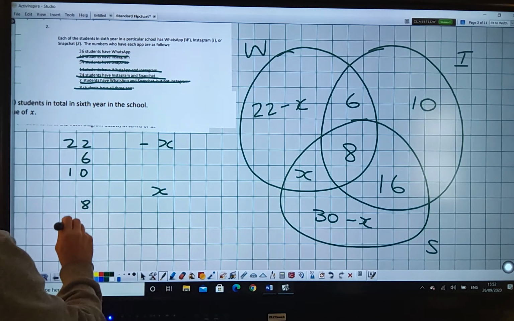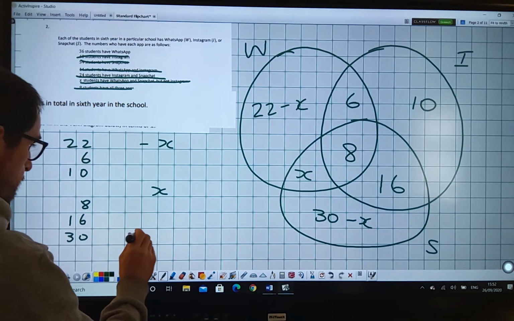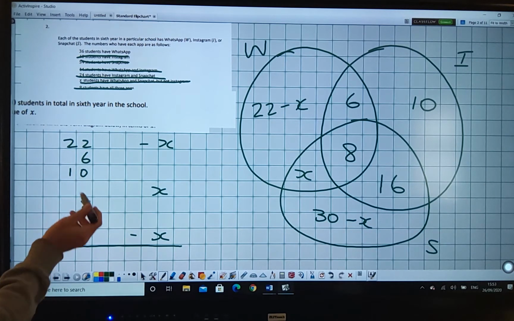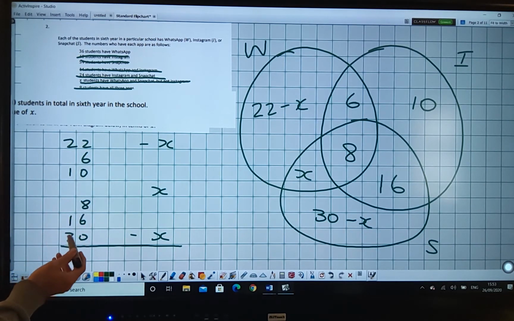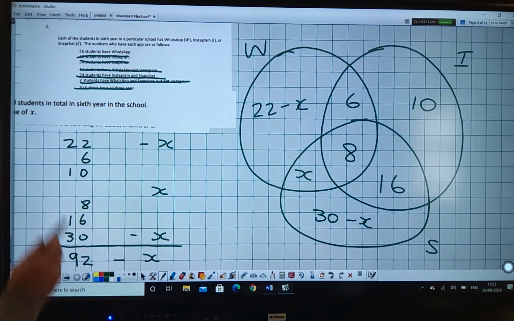I have 16. And I have 30 minus x. So I can add them up. 28, 38, 46, 62, that's 92. Minus x plus x is 0, so it's 92 minus x. Always be careful of this and go back over and check your answer.